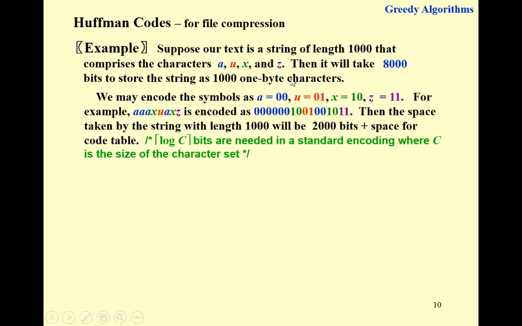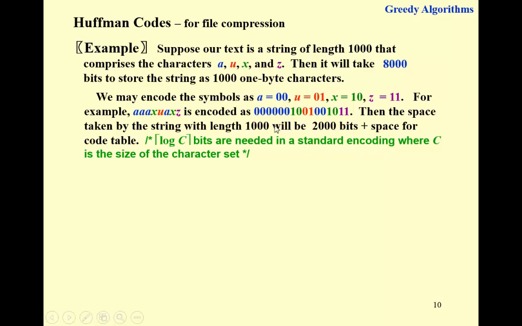So in general, if in a given string we have a total of C different characters, for example, in English we only have 26 characters, right? To encode those C distinct characters, we need log C bits with base 2 to do a standard encoding. So this is the result of a standard encoding.